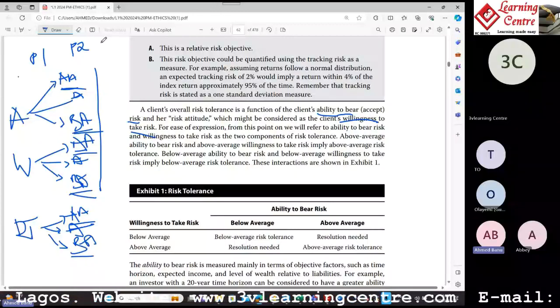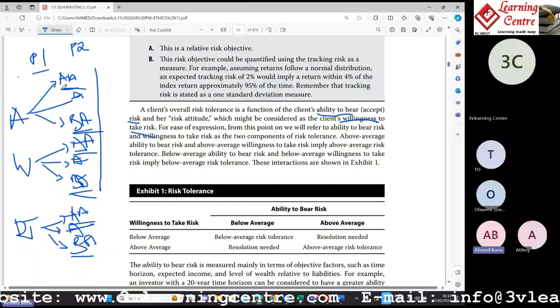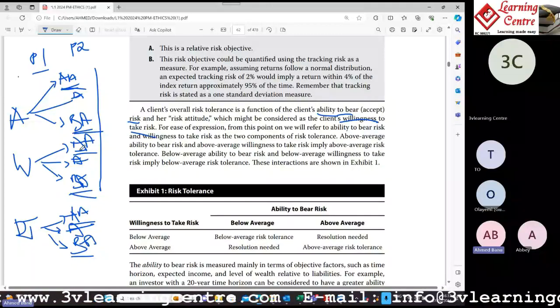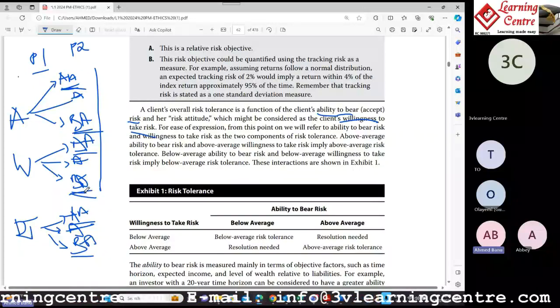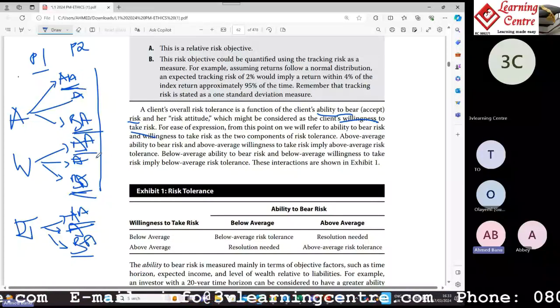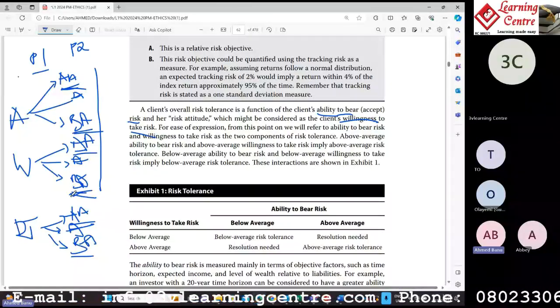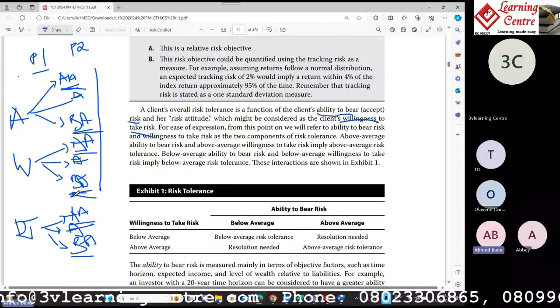And I'll give you instances. A man that suffers from problem number one is a rich man that has all the money in this world, but he doesn't want to take risk. Hence, he's investing in only fixed deposits and all his money is in savings. You have billions of naira, but everything is in the current account, or a savings account, or a fixed deposit in one bank. You don't want to take risk.